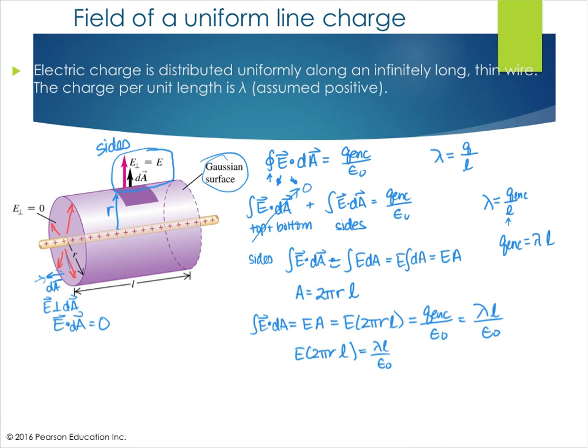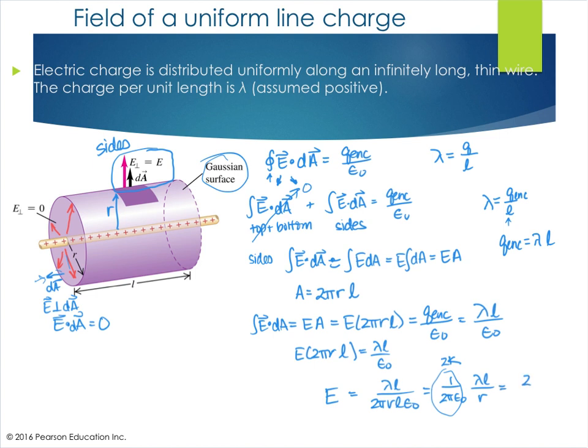So I want to solve for E. And I'm going to group things a little bit differently now. I get 1 over 2 pi epsilon naught times lambda L over R. This is actually equal to twice K, because instead of 1 over 4 pi epsilon naught, it's 1 over 2 pi epsilon naught, so it's twice as big.